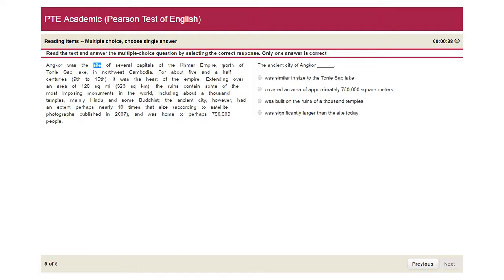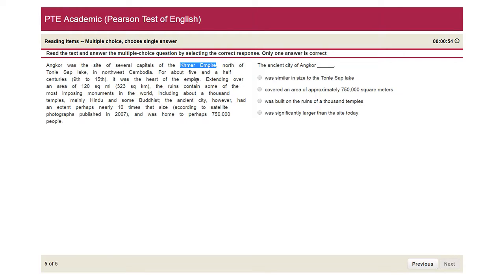It was in the north of Tonle Sap Lake, which was located in northwest Cambodia. So the first sentence describes where Angkor was, and let's continue. For about 5.5 centuries, it was the heart of the Khmer Empire.